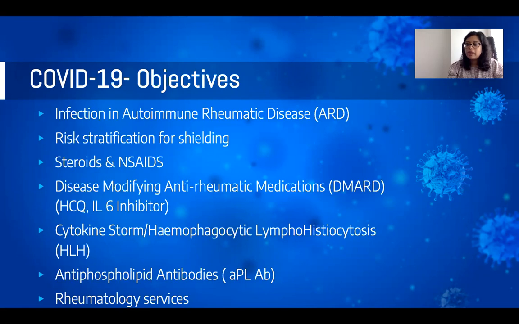I'm also going to quickly mention antiphospholipid antibodies in the context of COVID infections, and update on the current rheumatology services. Please note that today we're approaching the end of May, and the guidance and even some of the things I'm talking about, new evidence is emerging, so may be only relevant for this moment in time.